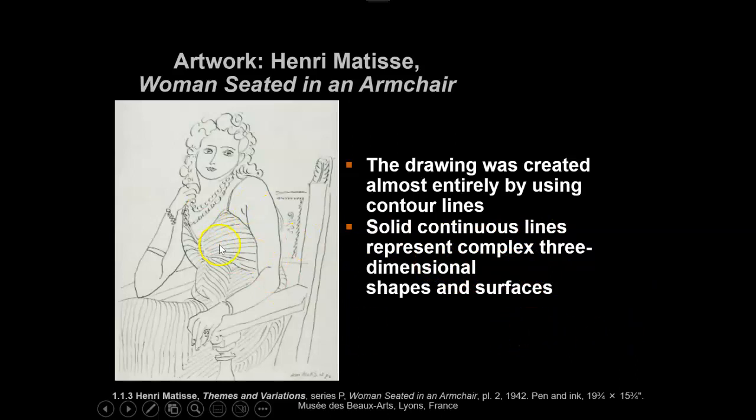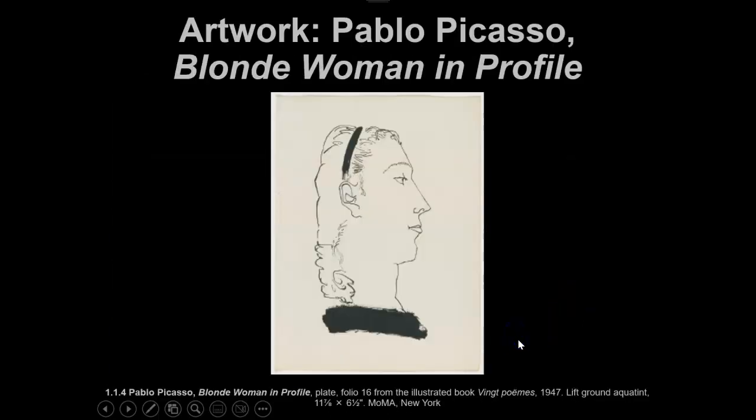You're looking at this drawing and we understand that it's a flat surface, but that contour actually gives us the illusion of volume. We understand that there's volume in the figure, there's volume in her hair. Again, we can look at the hair and you can see the examples of the curls, creating the illusion of volume in the hair.